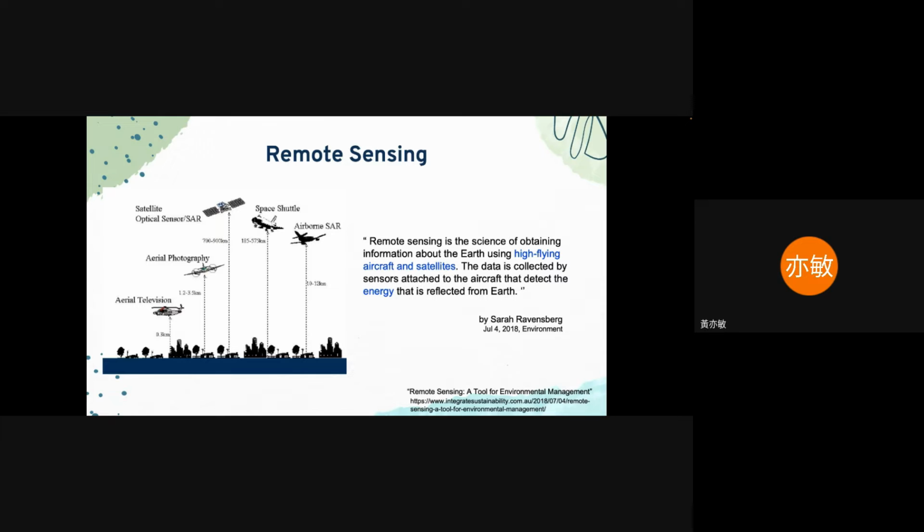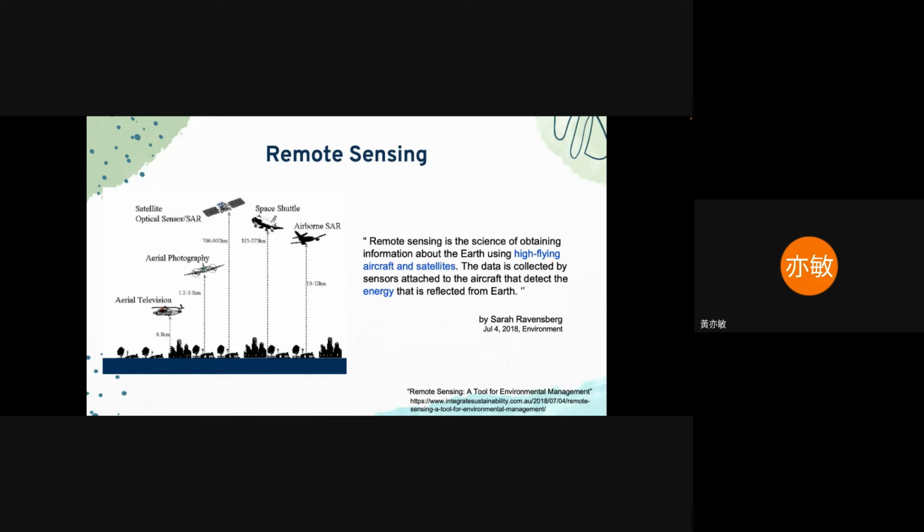So remote sensing can help us to understand the change with time of certain locations. We can even watch the global Earth for the wider range with time. So you can even use remote sensing to watch or monitor a smaller area, for example, on the campus or in your cities. Then we can watch the difference with time by remote sensing.